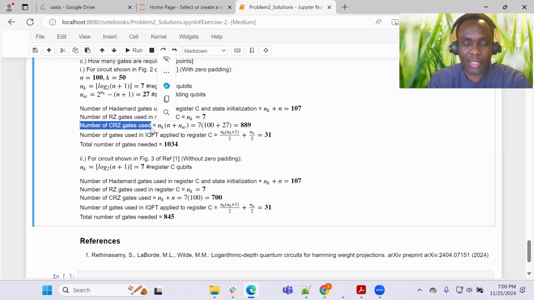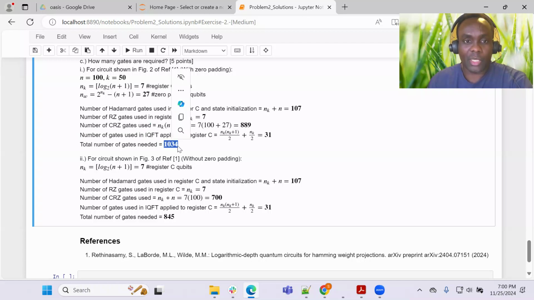If you plug in nk here, which is 7, you get 31 gates for the inverse quantum Fourier transform. If you count all of the gates, you get a total of 1,034 gates for the circuit implementation with zero padding. Okay?